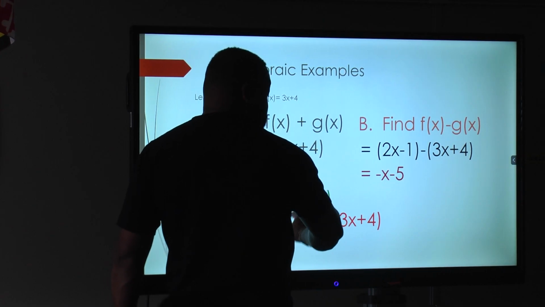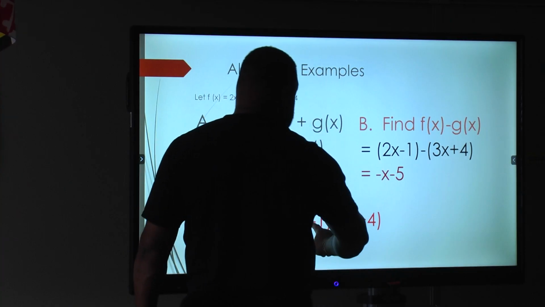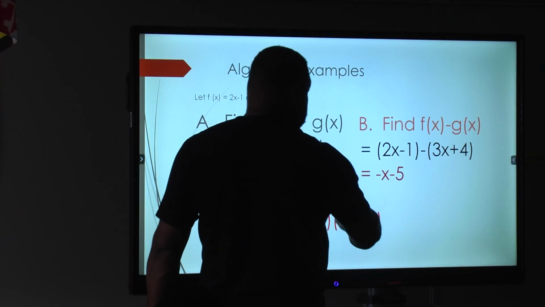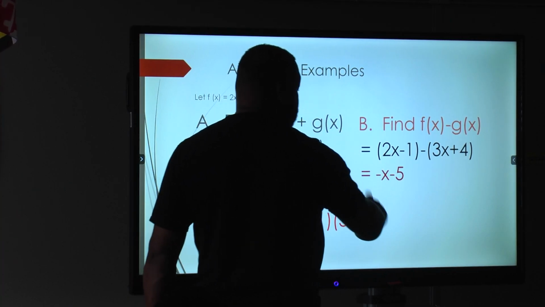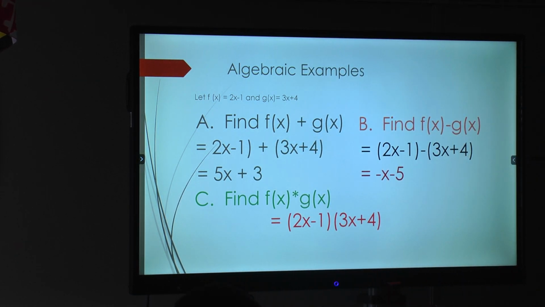This 2x will multiply to the 3x, 2x times 4. Then I will go -1 times 3x, -1 times 4. I put that all in my little special box, and then this is what you come up with.